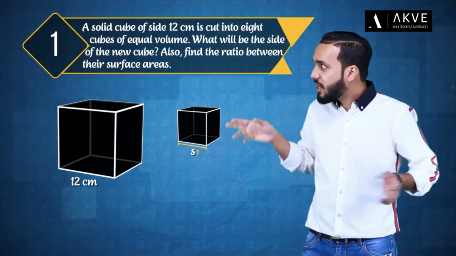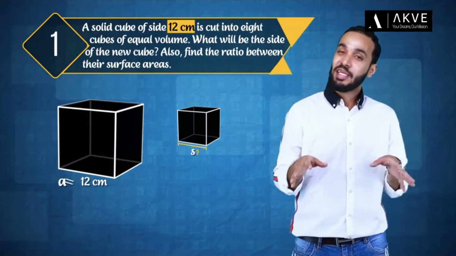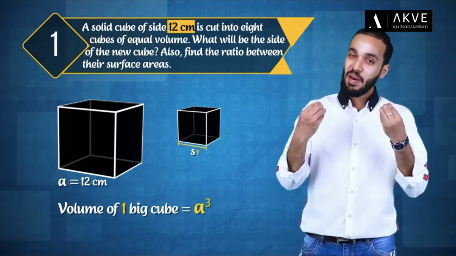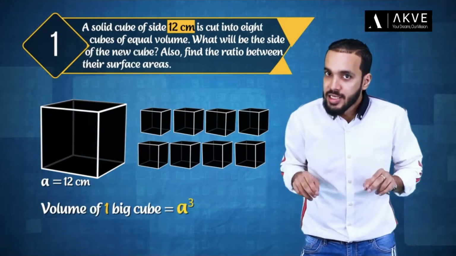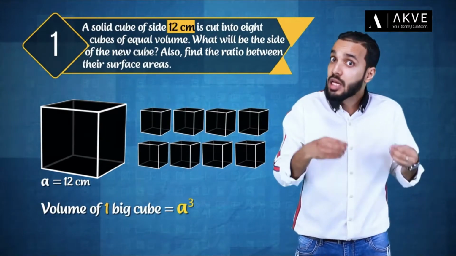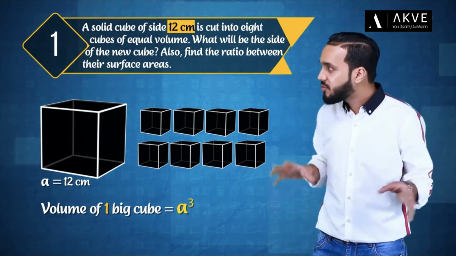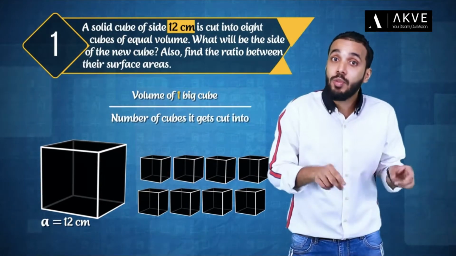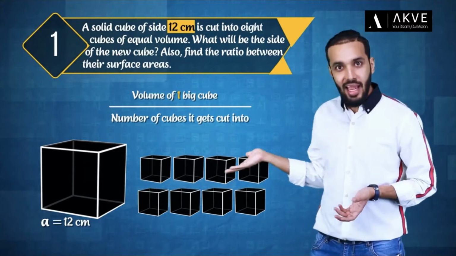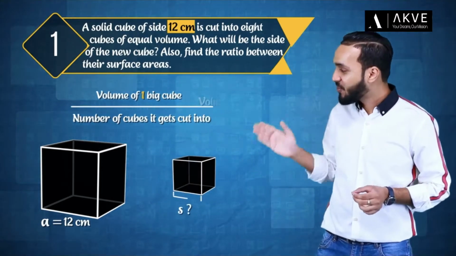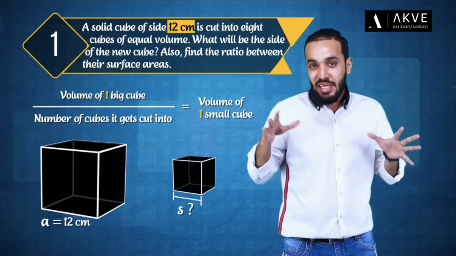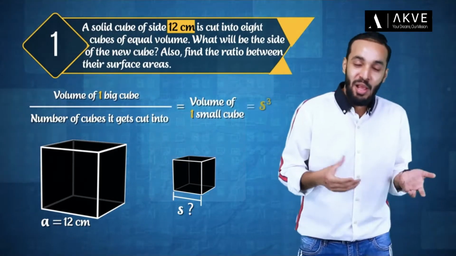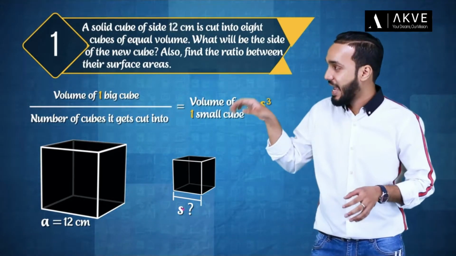The edge length of the big cube is already given, so finding its volume is a piece of cake. And since the volume of the smaller cubes are the same, if we just divide the volume of one big cube by the number of cubes it gets cut into, that is 8, we would get the volume of one small cube. Once the volume of the small cube is known, we can easily find its edge length.